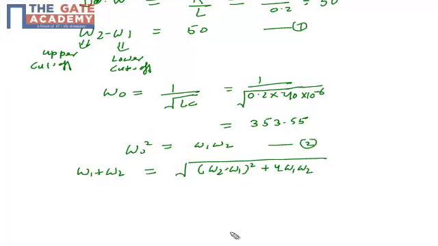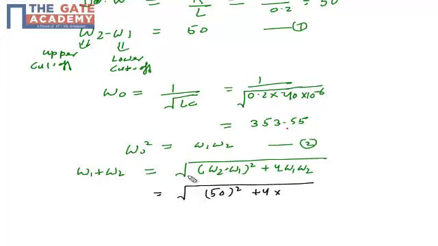It's quite straightforward mathematics, so I have applied it directly. Omega 1 plus omega 2 is equal to under root of omega 2 minus omega 1 whole square plus 4 omega 1 omega 2. I may put the values: omega 2 minus omega 1 is equal to 50, whole square, plus 4 into omega 1 omega 2, which is omega naught square.